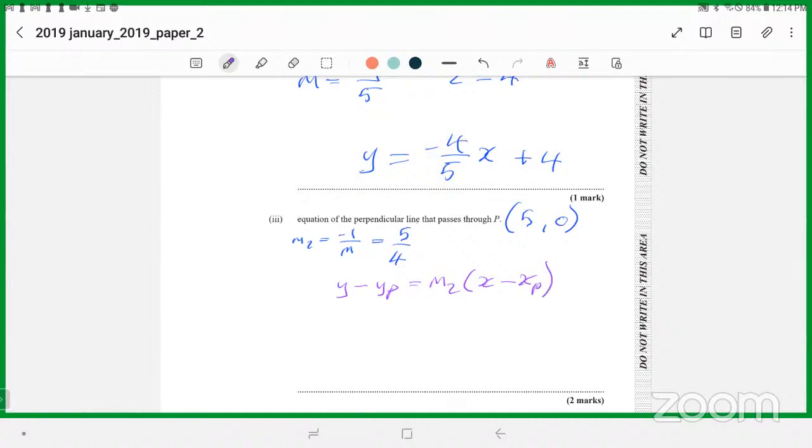So the gradient is coming here, and the coordinates, the 0, which is the y value, is coming here, and the 5, which is the x value, is going there to get the equation. Remember these things. So it's y minus 0, the y value at the point is 0. The gradient of the line we're using is 5 over 4 times x minus the x value at the point, which is 5.